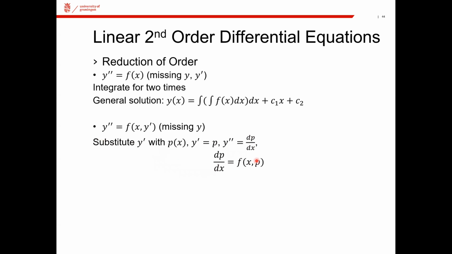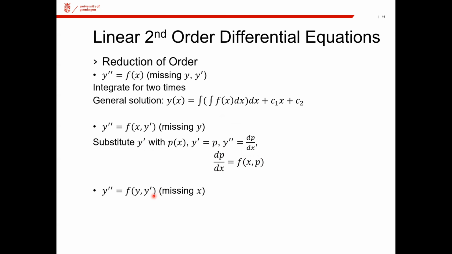So we substitute using these equations, and y double prime will be dp divided by dx, and y prime will be p. And then we can solve this equation, and after that we substitute p with y prime again, and after the integration we can have the solution of y.